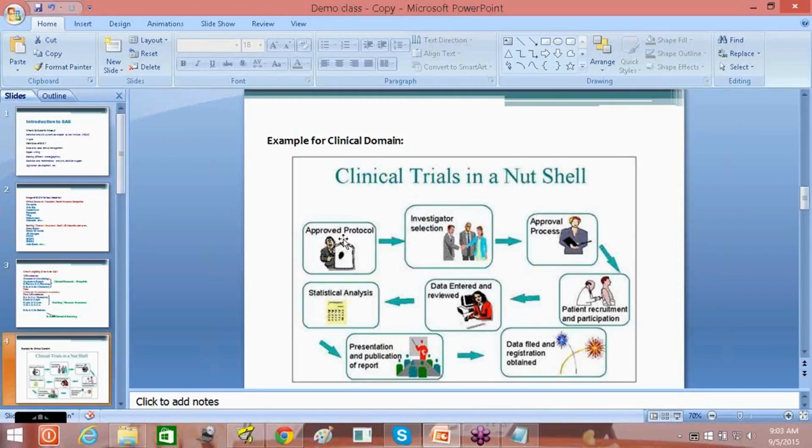Once you get approval from them, you can go for investigator selection. You have a protocol with you. Now, if you want to start a clinical trial, who is going to conduct it? Here, an investigator is required. Investigator is nothing but a doctor.